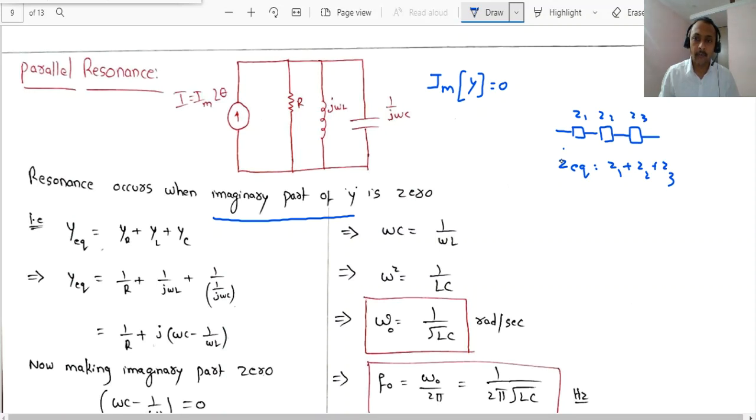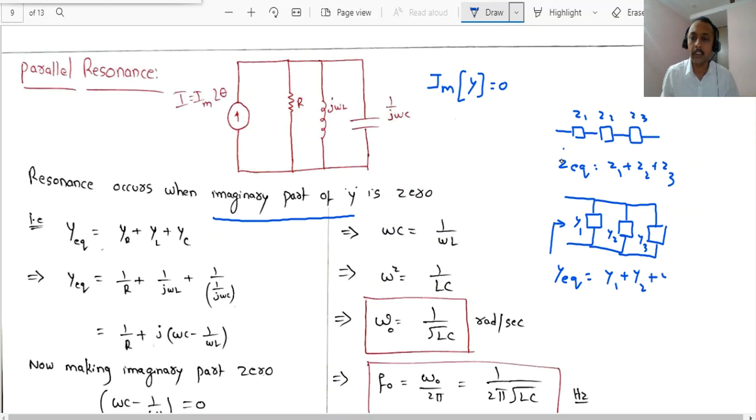Similarly, if three admittances Y1, Y2 and Y3 are in parallel, then looking into the circuit, what is the Y equivalent? Your Y equivalent will be Y1 plus Y2 plus Y3. This basic is very important.